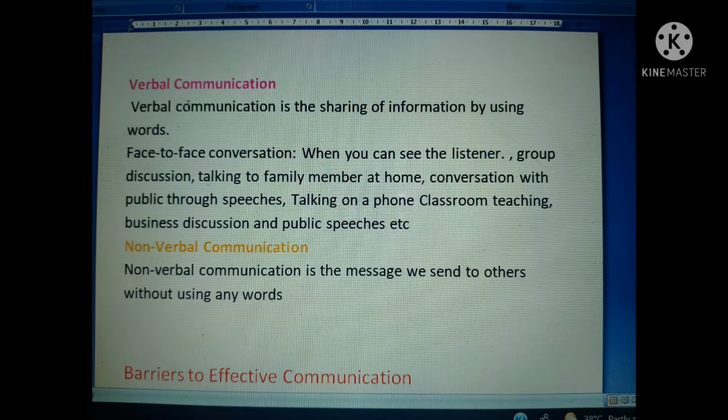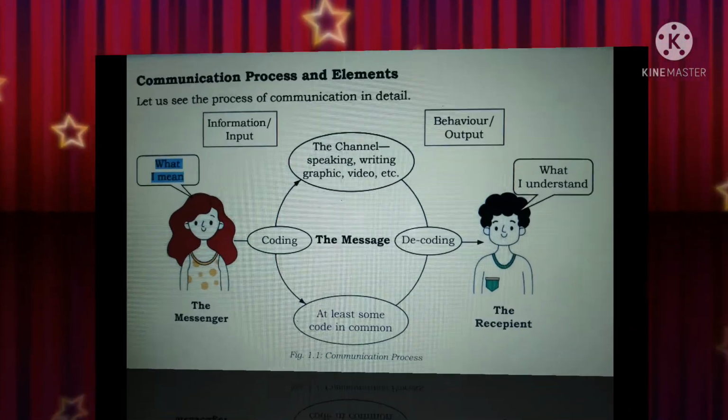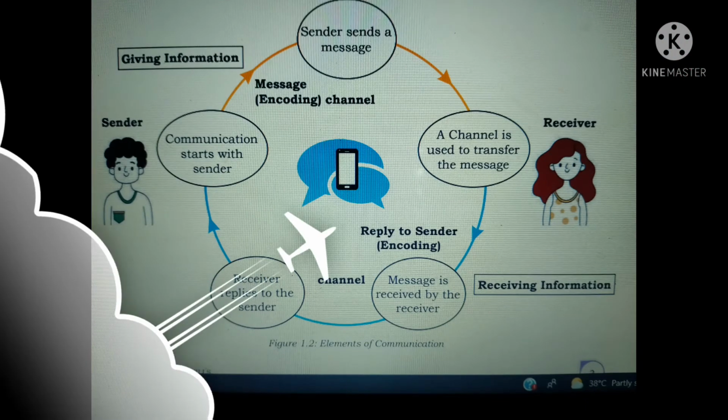Then go to the second one, non-verbal communication. Non-verbal communication is the message we send to others without using any words. Now let us discuss effective communication. What is effective communication?